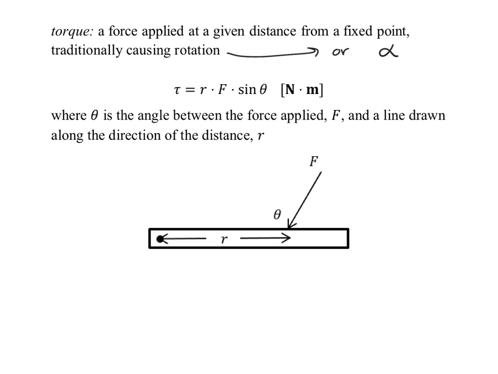Theta is always the angle between the applied force, F, and a line drawn along the direction of the distance r. And the distance r is really the distance from the pivot point. So let's mark this here, please. That's the pivot point, also known as the fulcrum, also known as the axis of rotation.